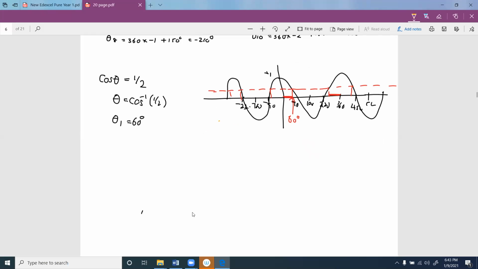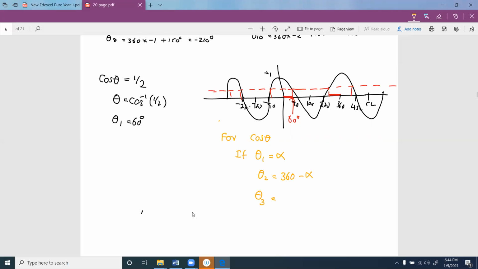This is the relationship for cos theta. If the first angle is alpha, the second angle you can obtain by 360 minus alpha. After that, the rule is the same.